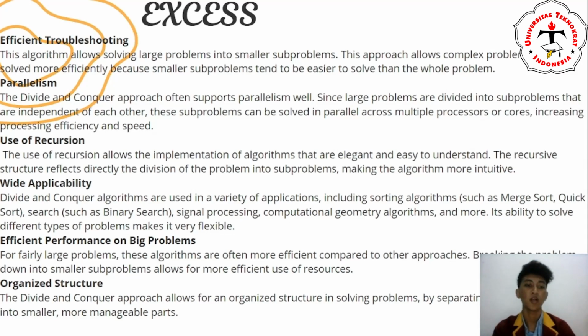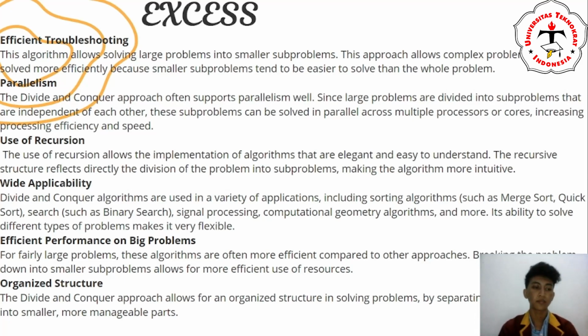Divide and conquer algorithms are used in a variety of applications, including sorting algorithms such as merge sort, search algorithms such as binary search, signal processing, computational geometry algorithms, and more. Its ability to solve different types of problems makes it very flexible.